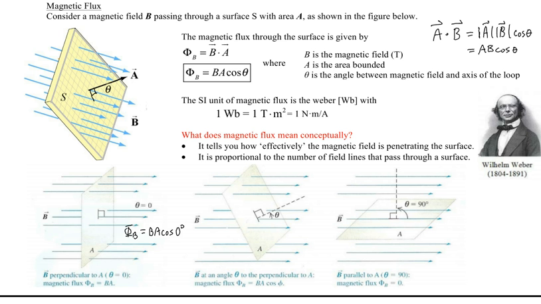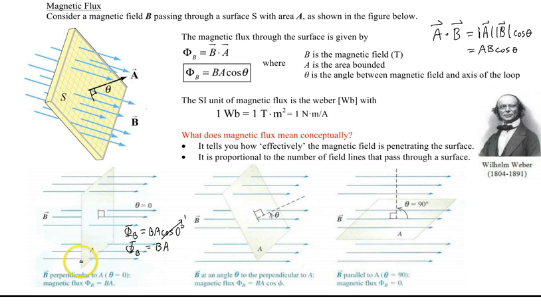It is 0 degrees because the magnetic field lines are parallel to the normal or the axis of this plane. Hence the angle theta here is 0 degrees, and so we get cosine of 0 degrees, which is really just 1, and hence we get the magnetic flux being equal to simply B times A.